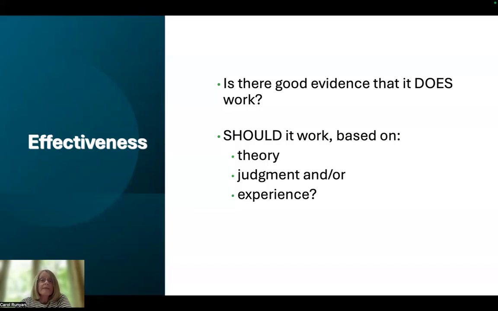Obviously, it would be best if you had good quality evaluation data to prove that something works. That isn't always possible. But I would argue that if you have good reason to believe something does not work, I would take it off your list pretty quickly. There's no point in going through the other values if you know something doesn't work or it's very unlikely that it will work. So look at this one first.